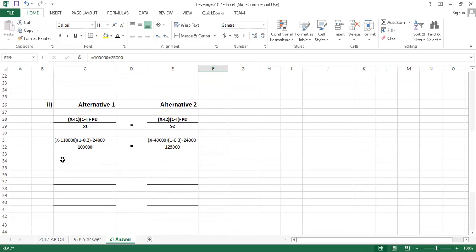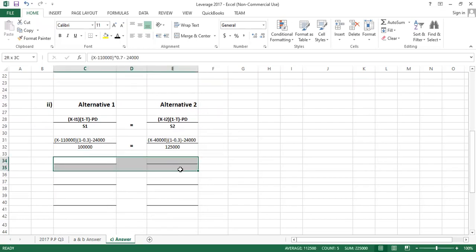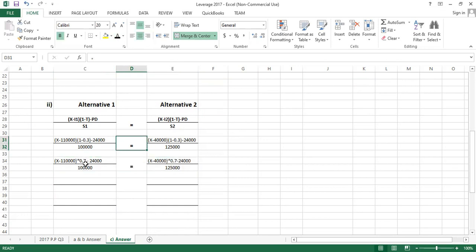Then solve this formula. (X minus 110,000) multiplied by (1 minus 0.3), which means 0.7, minus 24,000, divided by 100,000.